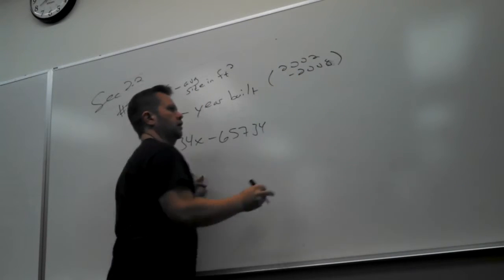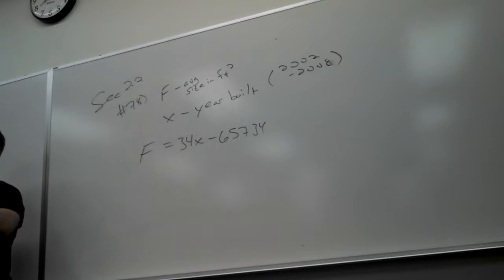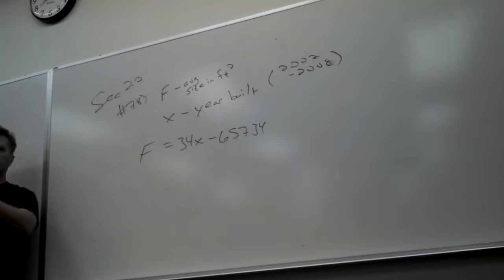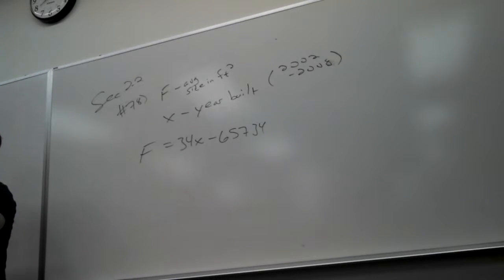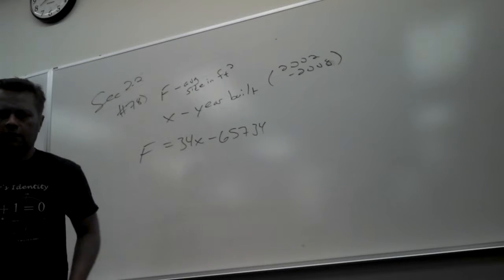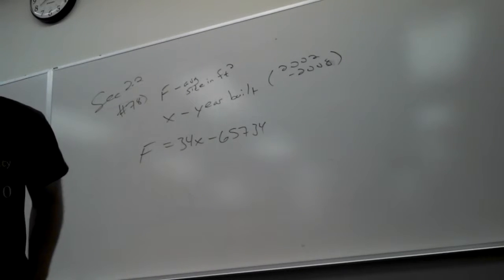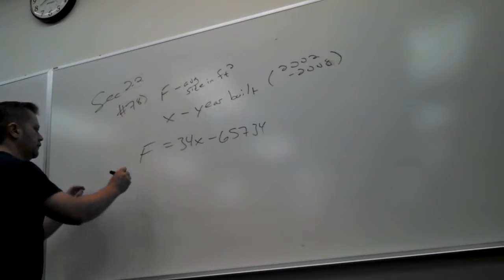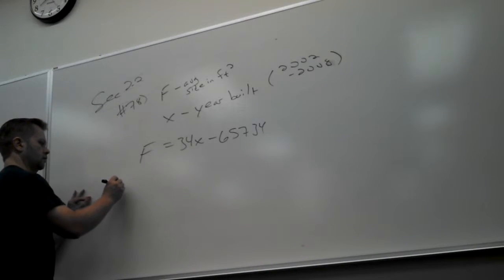All right, let me stop there for a second. They gave you the formula. Make sure you understand what the variables represent, because if you put a number in the wrong place, your equation can't save you. So now they ask, in what year was the average home size 2,504 square feet?